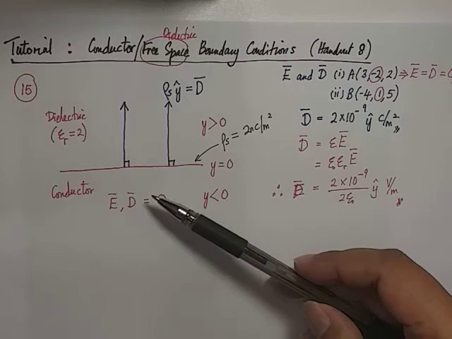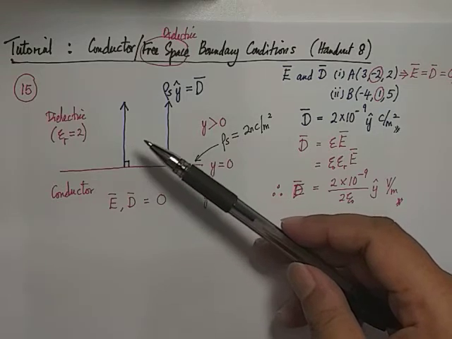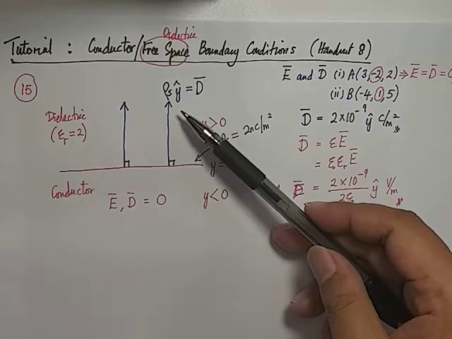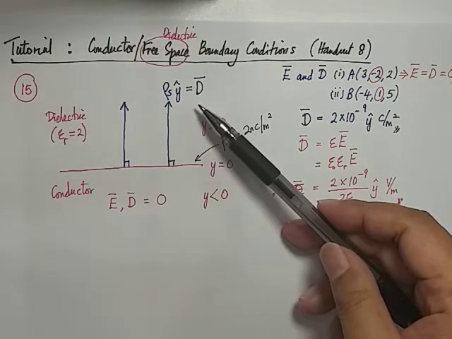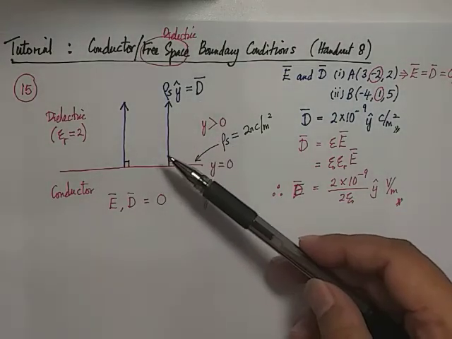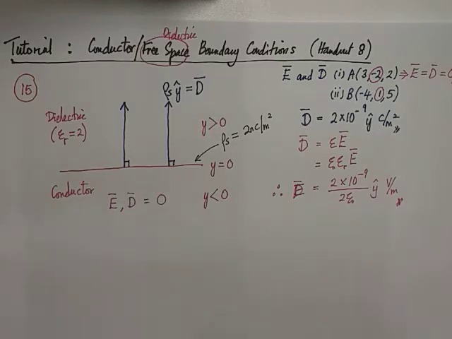Whatever field appears in that situation is only in the dielectric medium, and that electric flux density must be normal to the boundary, and the magnitude of the D must equal the surface charge density located at the boundary. So with that, alhamdulillah, we have completed problem number 15.